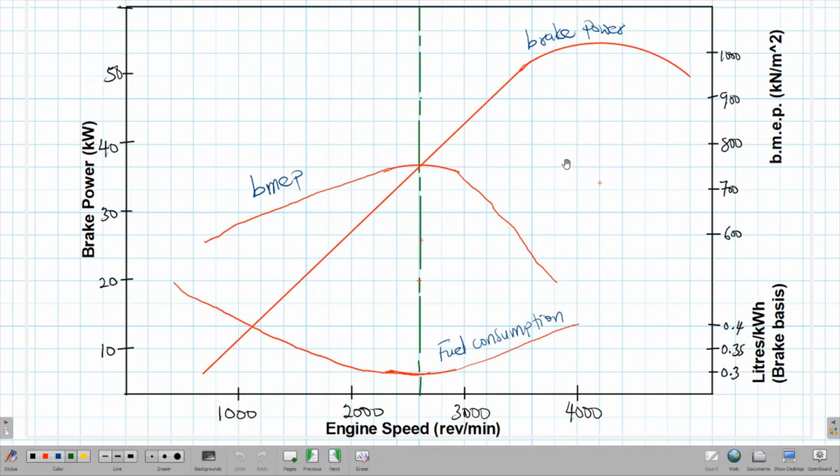The maximum power output does not occur at the condition for maximum thermal efficiency. The brake mean effective pressure curve falls off steeply after the peak brake mean effective pressure has been recorded.